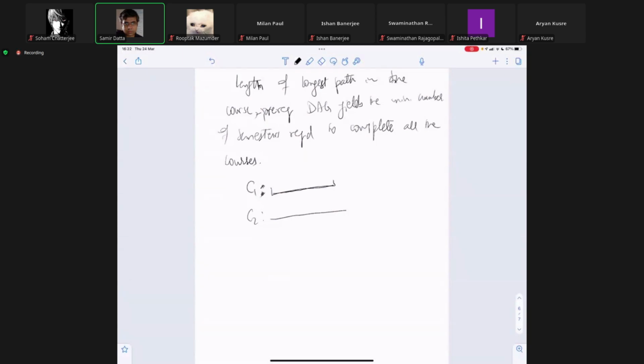So let's draw an example. You have some courses which do not have prerequisites. Then there are courses which have these as prerequisites, and there are further courses which have these as prerequisites. They can also have these or these as prerequisites, and so on. Correct?